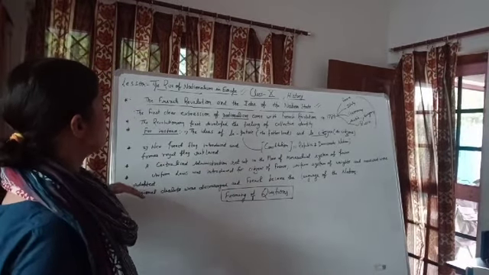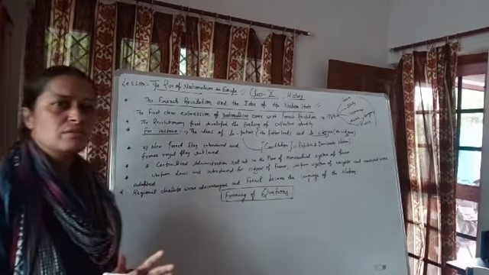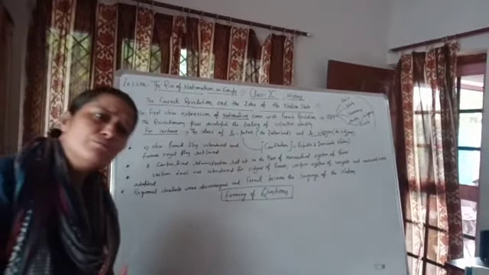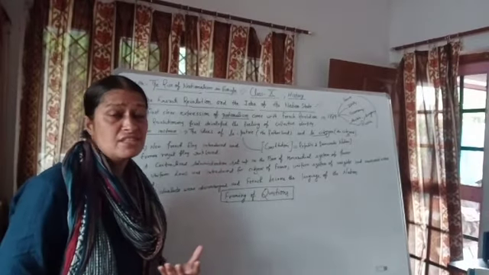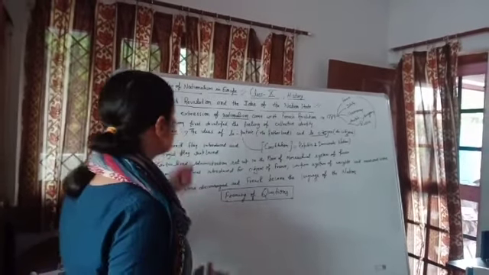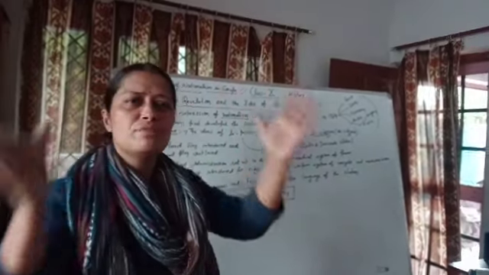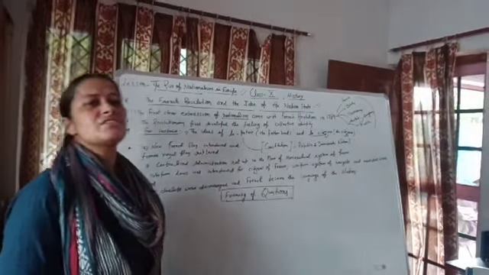So we are going to start this chapter, the French Revolution and the idea of nation state. Why does it become necessary to repeat once again in the class 10 syllabus what was in class 9? Because France is also included within one European state.